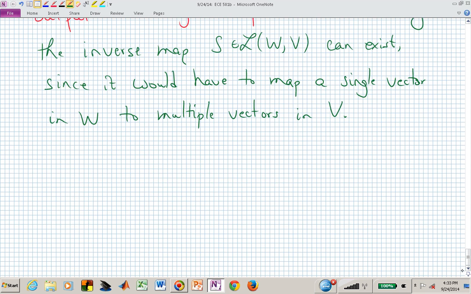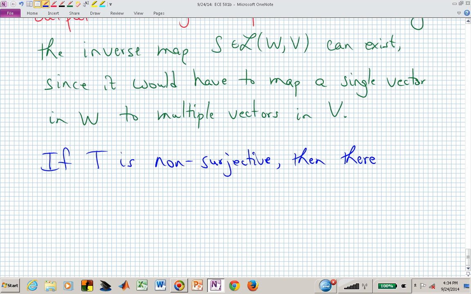Also, if T is non-surjective, then that means we're not covering all of the codomain with our mapping.